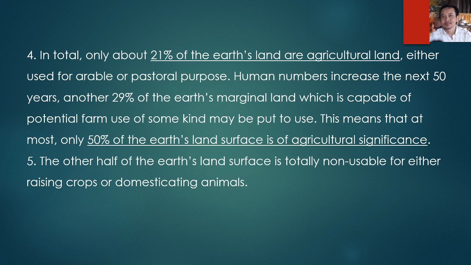This means that at most only 50% of the Earth's land surface is of agricultural significance.